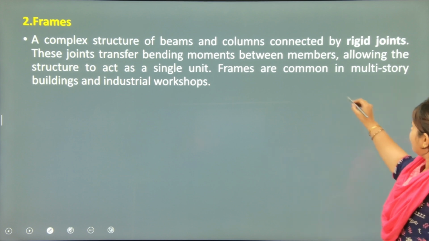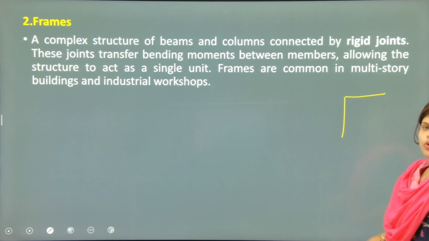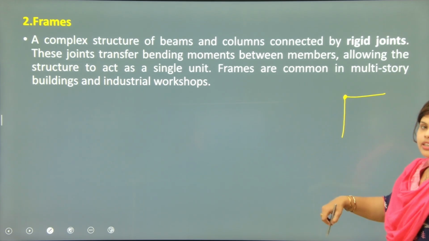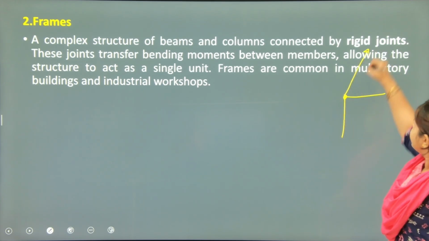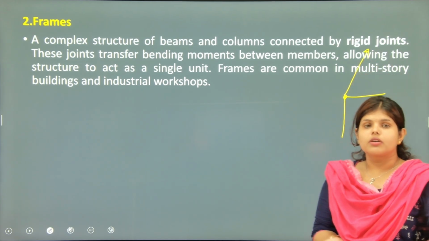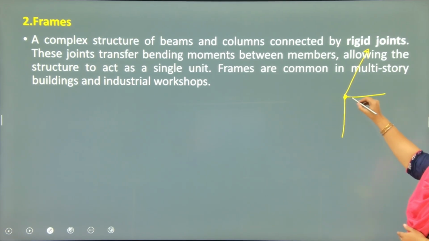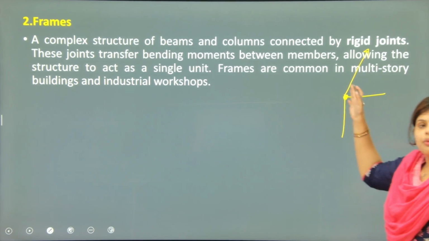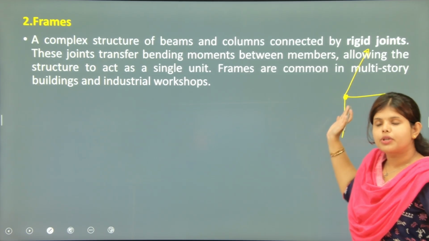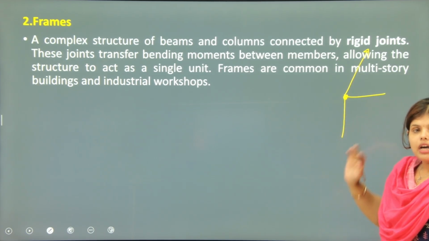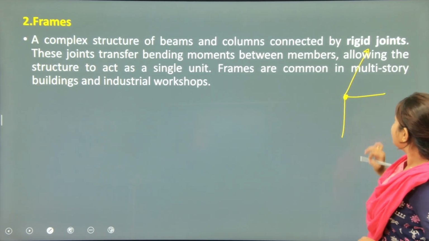If we have beam and column, there must be a joint, that is a rigid joint. These joints transfer bending moment between members, allowing the structure to act as a single unit.